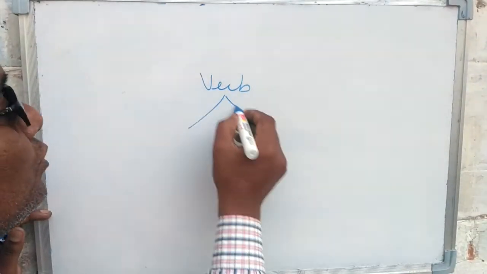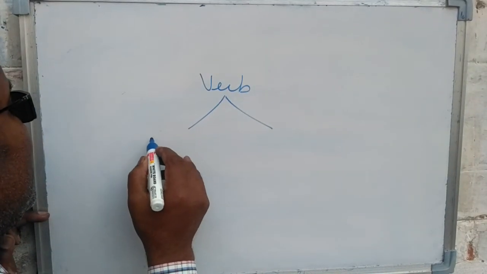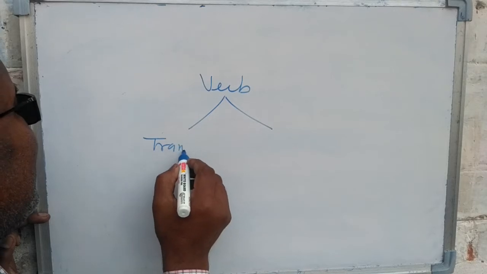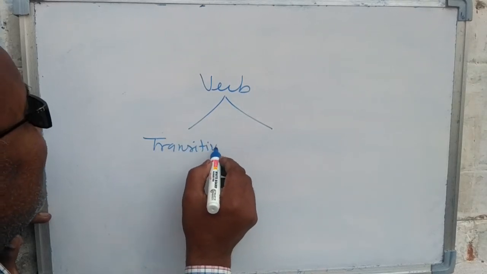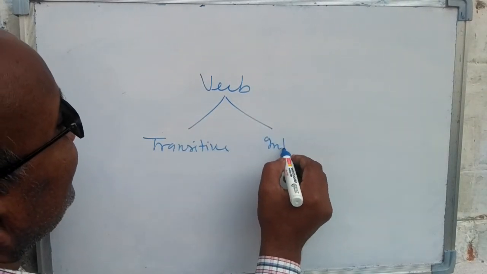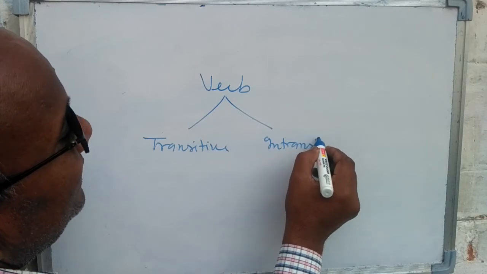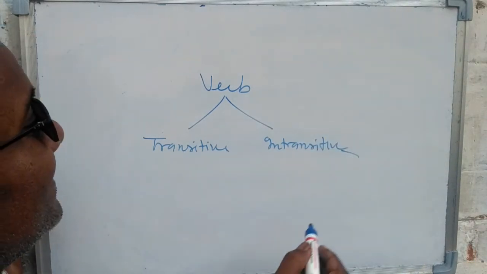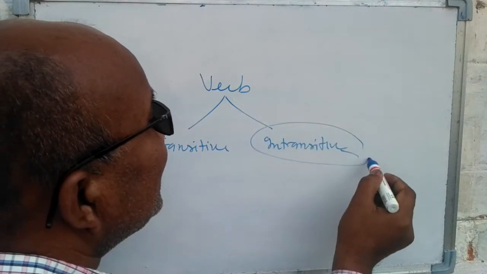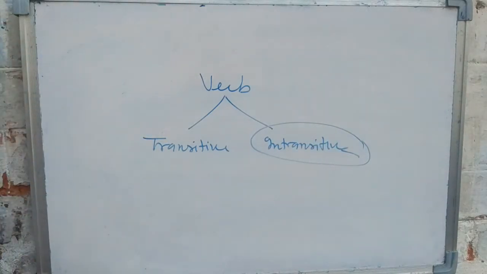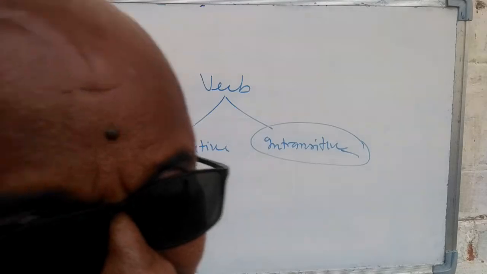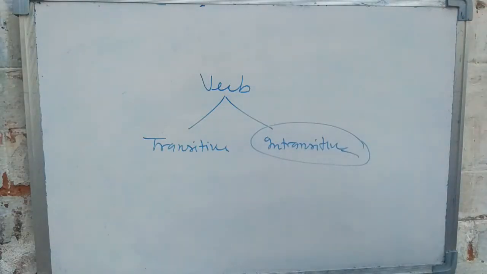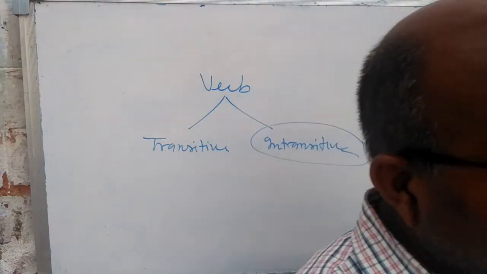The verb is divided into two parts: transitive and intransitive. Generally, an intransitive sentence cannot be changed into passive.